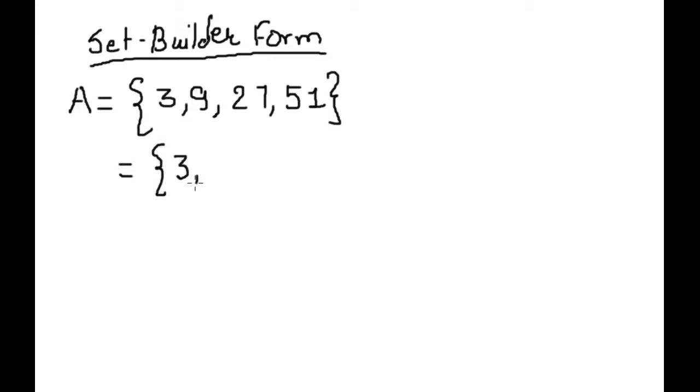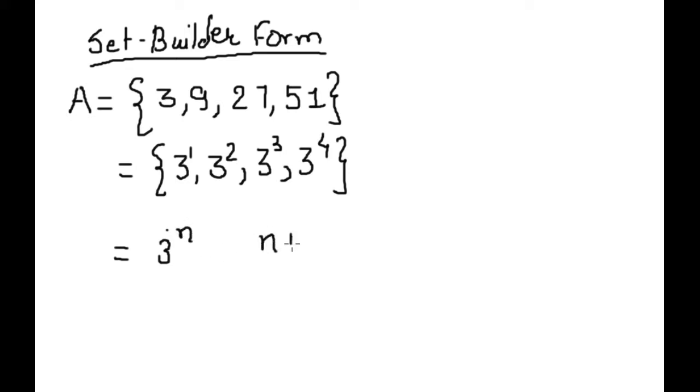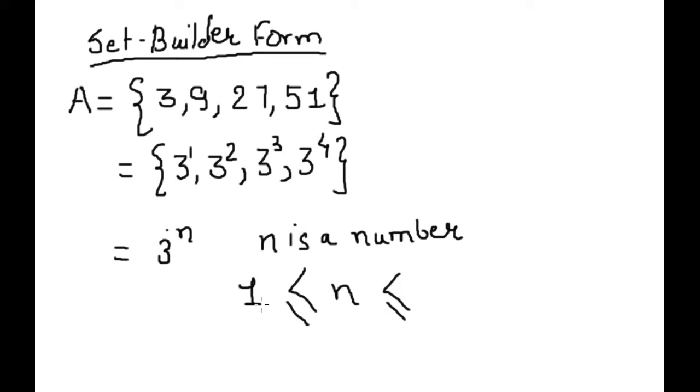It is written like this: 1, 2, 3 and 4. So it is 3 to the power n, where n is a natural number, greater than or equal to 1 and less than or equal to 4.